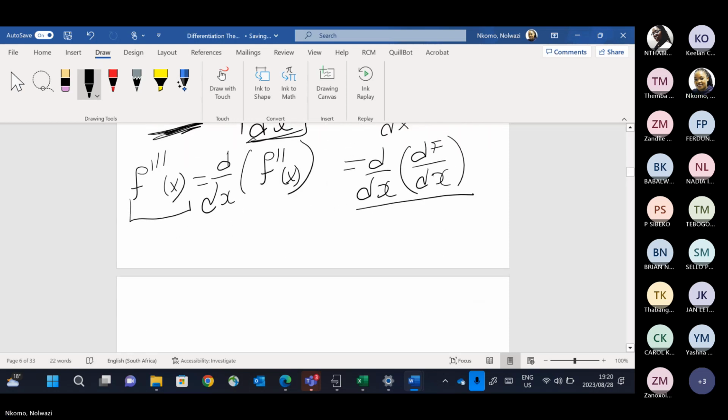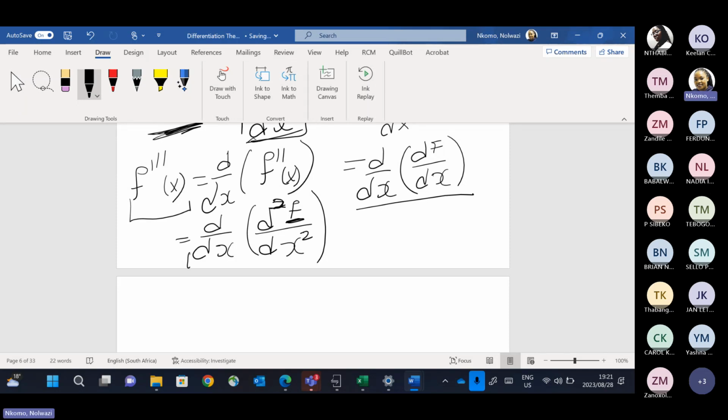Or you can write this as d over dx of d squared f over dx squared, right? This 2 means f has been differentiated twice.